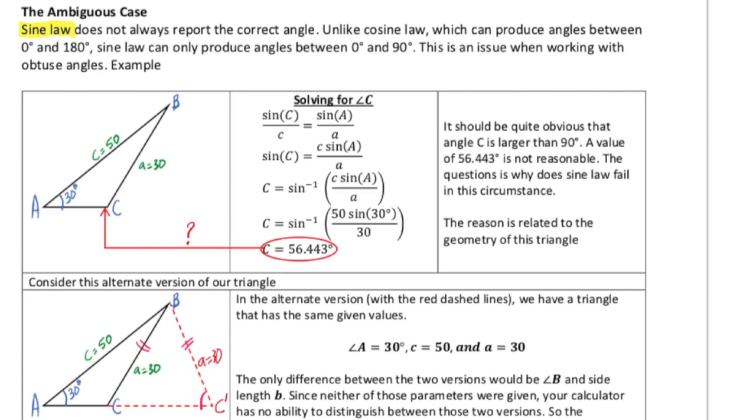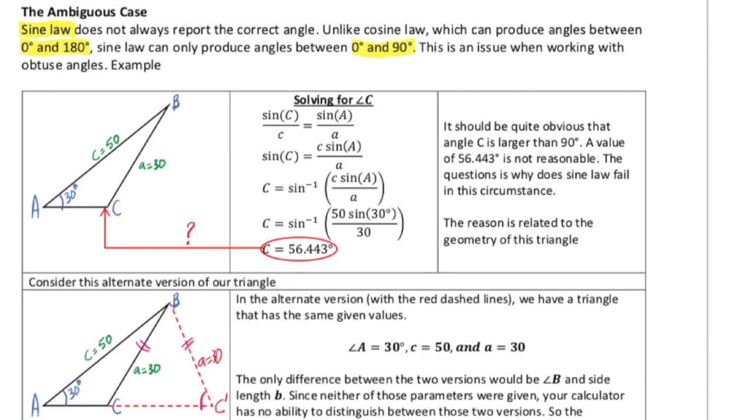Sine is only able to produce values between 0 and 90 degrees, where cosine is able to handle the full range from 0 to 180 degrees. So that means if you are working with a triangle that has an obtuse angle in it, working with sine law can be problematic. Let's take a look at this example and see if we can explain why.